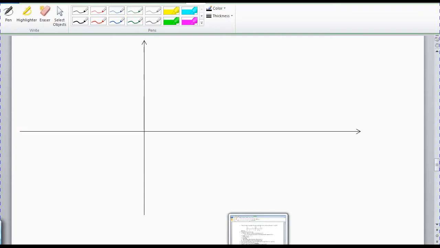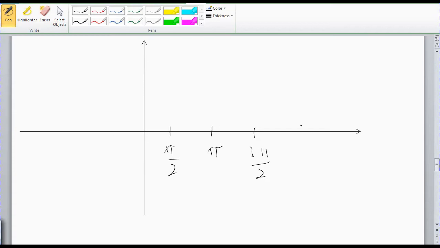And so I'm going to put in my pi halves and my pi, 3 pi halves, and 2 pi. I'm going to go ahead and put in negative pi halves. If I need to use pi fourths, I will. And negative pi.